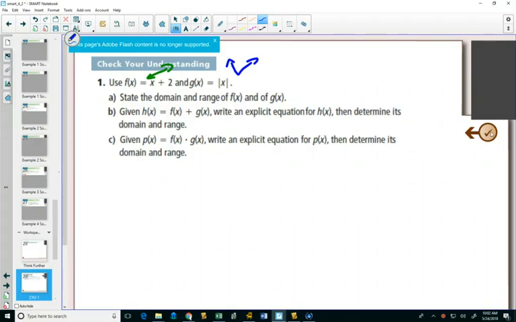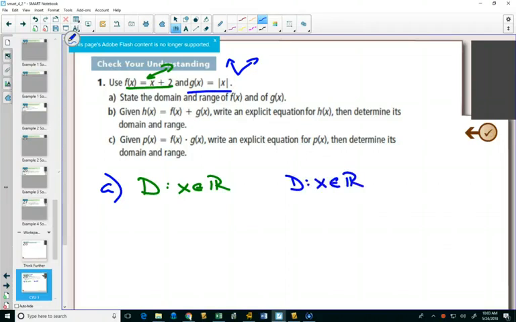So in part A, what's the domain of f of x and g of x? Well, if I do f of x in green, the domain is everything. If I do g of x in blue, there's no non-permissible values in an absolute value graph. Your domain is everything.